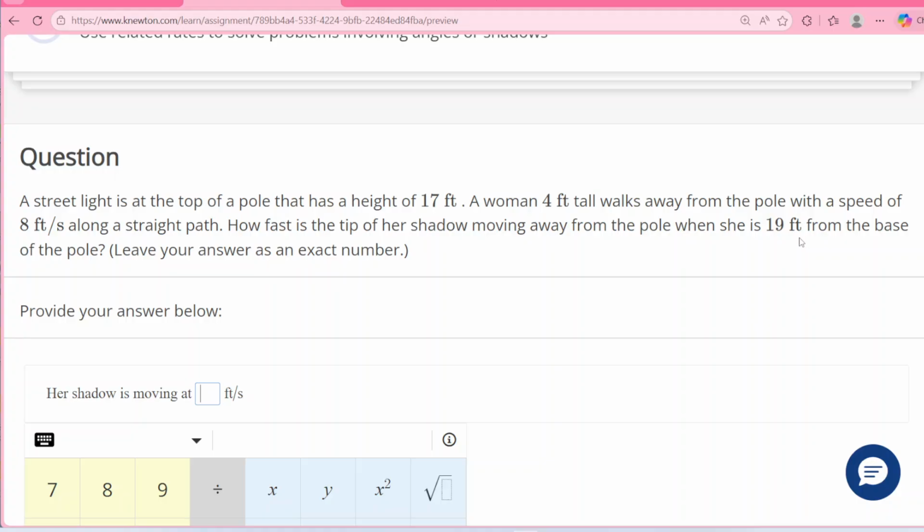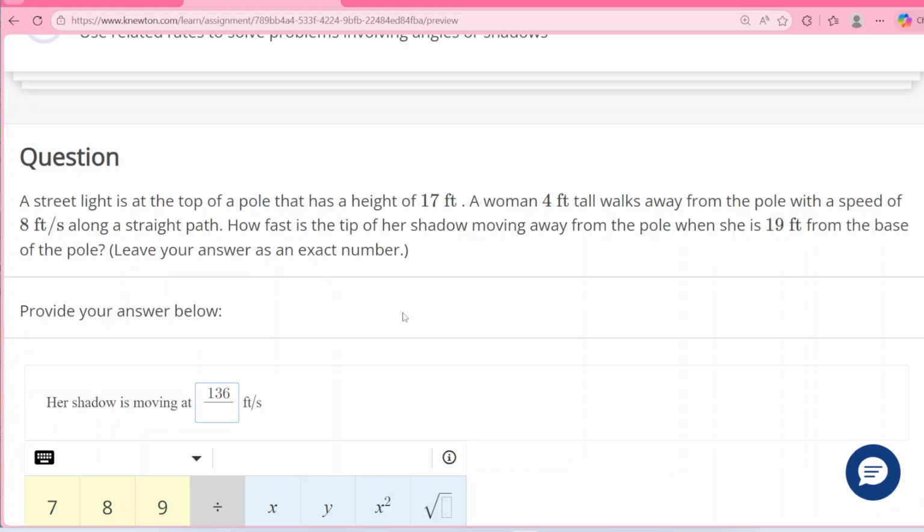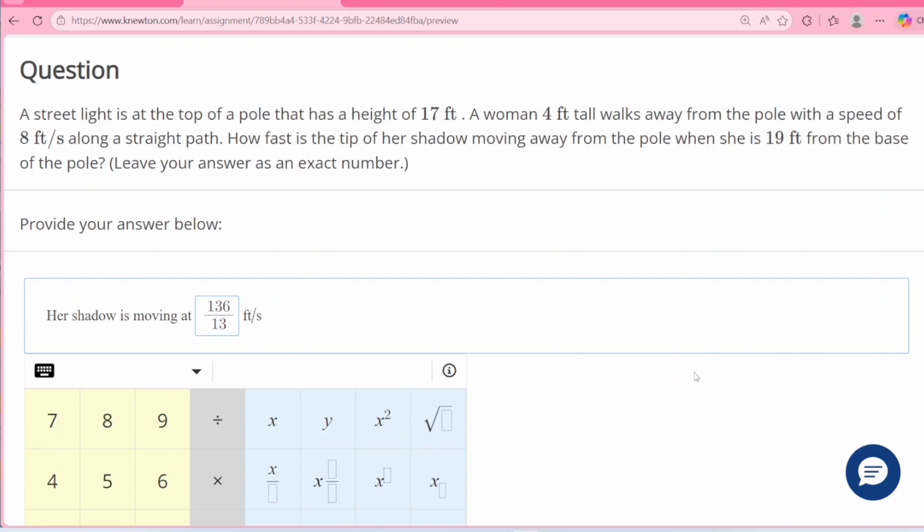Notice it didn't matter that she was 19 feet away from the pole, right? My related rate equation at the end only involved the rates. It didn't involve the capital D or capital S values at all. So this was 136/13 feet per second.